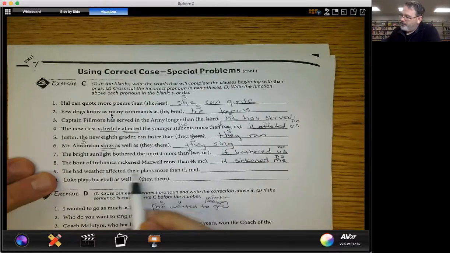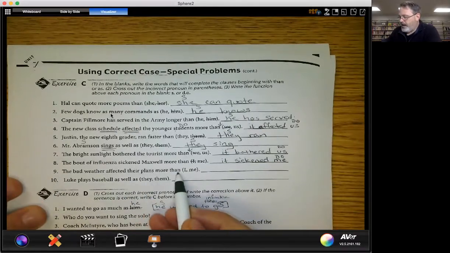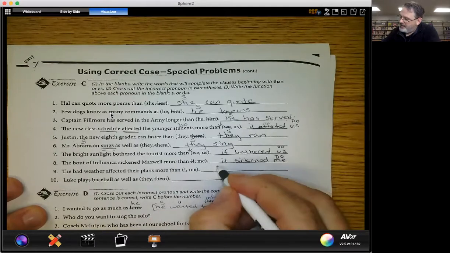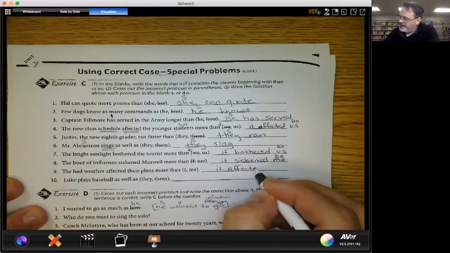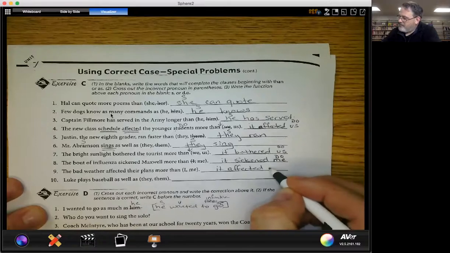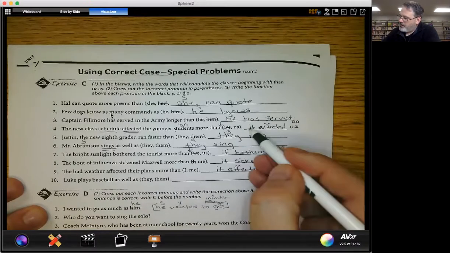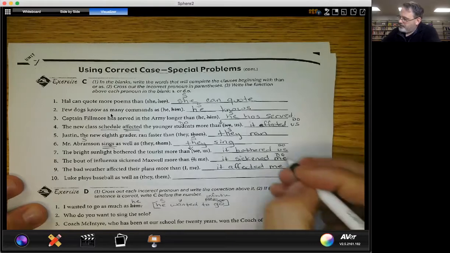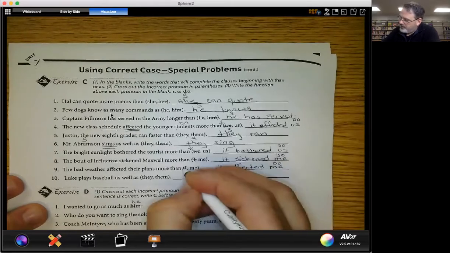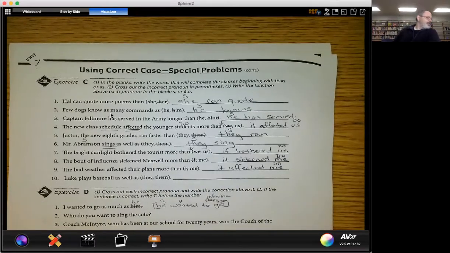The bad weather affected their plans more than it affected me. It's almost like 4, except that us is plural and me is singular. Right, direct object, cross out I. Make sure that's still going on, right?